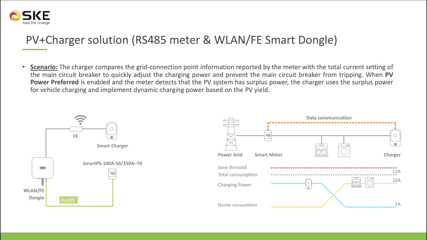So imagine that we are producing PV energy, and it is used to charge our electric vehicle.